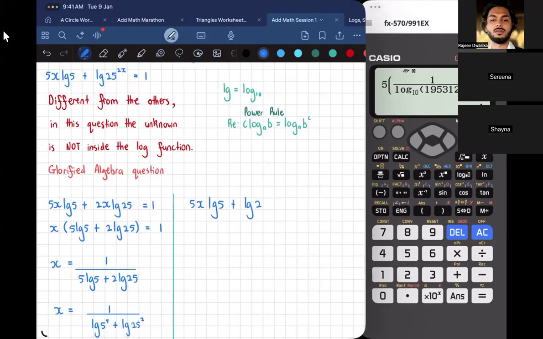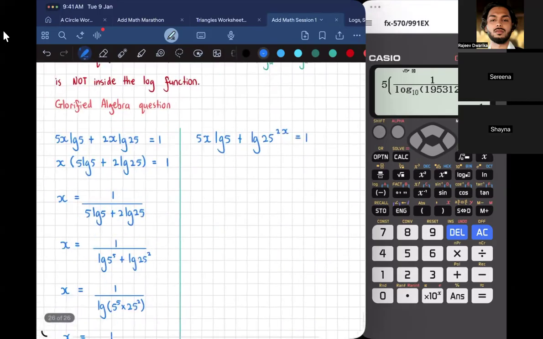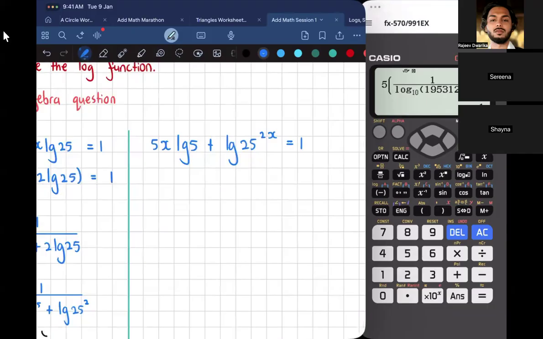Log 25 to the power 2x is equal to 1. All right. So Sheena, is it possible to write 25 as 5 to some number? 5 squared. Right? So Serena, follow along and tell me if you understand this as well. So 25 is the same thing as 5 squared. So I could replace 25 with 5 squared to the power 2x.